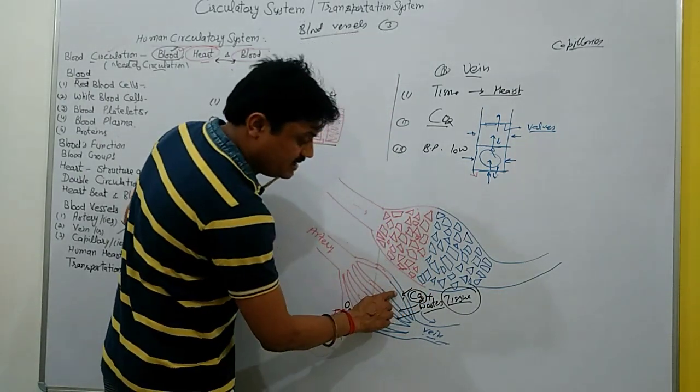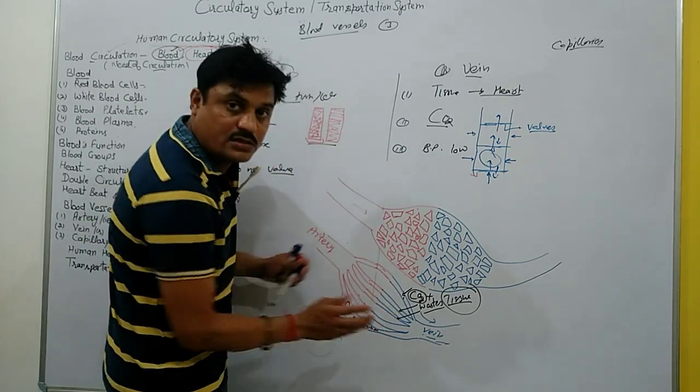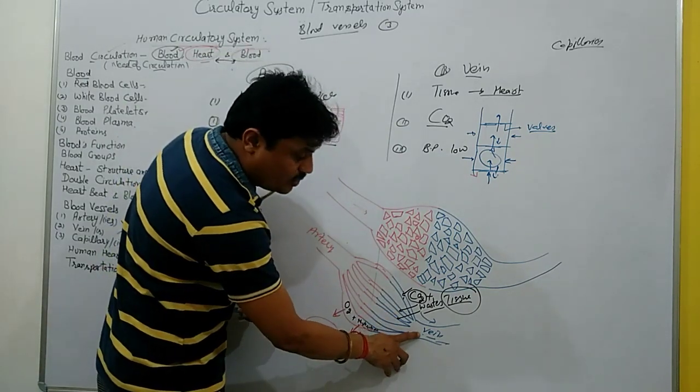Then these fine branches again reunite, join together, and form a vein.